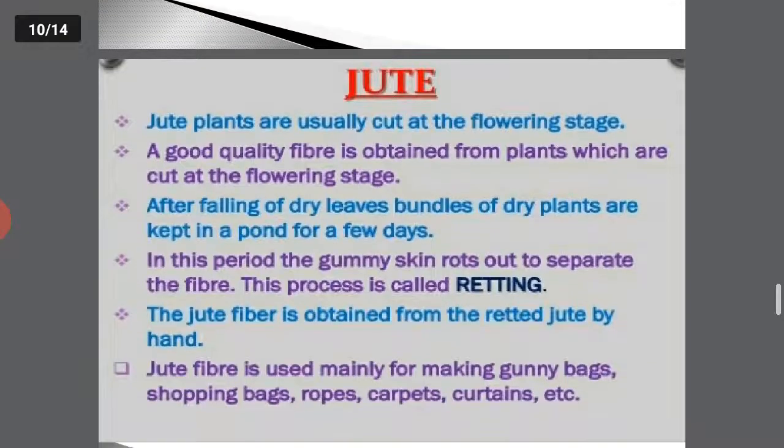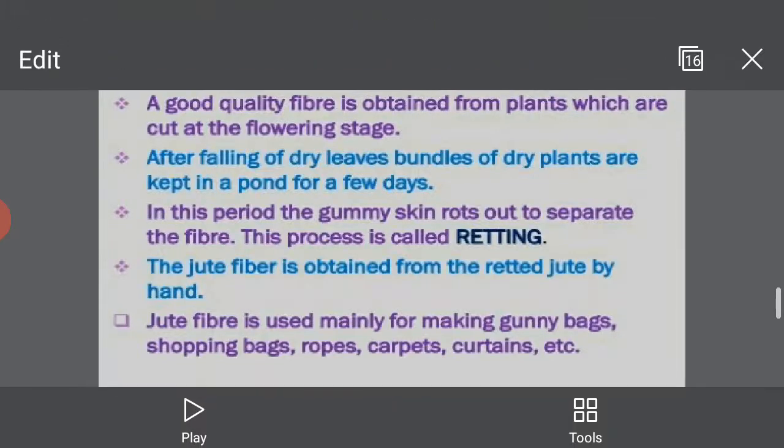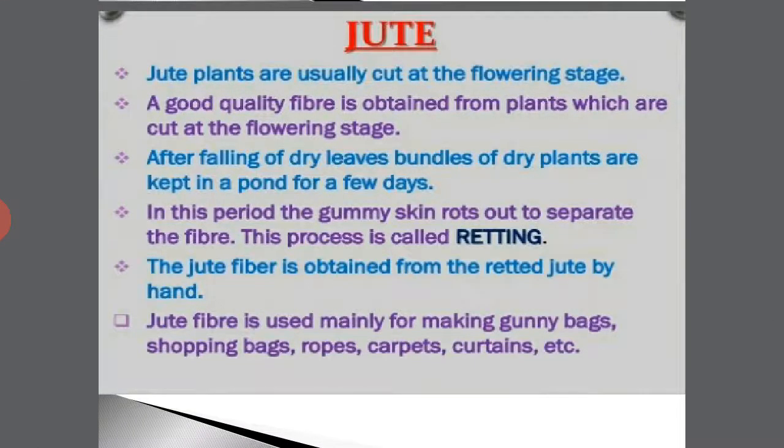Let's move further. Jute plants are usually cut at the flowering stage. A good quality fiber is obtained from jute plants which are cut at the flowering stage. After the falling of dry leaves, the bundles of dry plants are kept in a pond for a few days. In this period, the gummy skin rots out to separate the fiber.